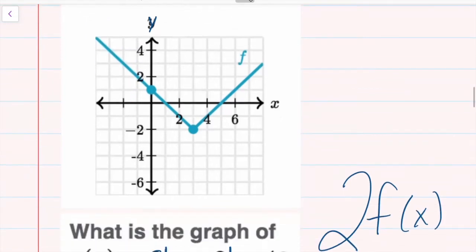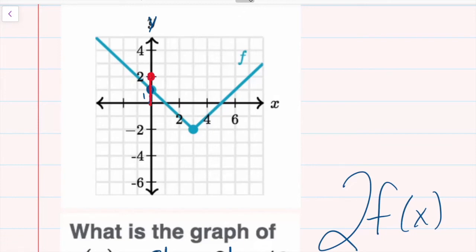If right now we're at 0 and we want to get to this point, isn't that just a 1? Well, we multiply by 2, so we're technically saying we want double that. So instead of going to 1, we double it and go all the way to 2. That is my new point.